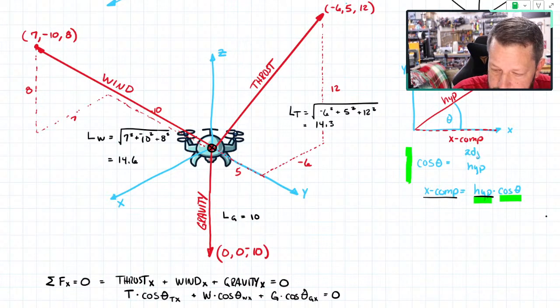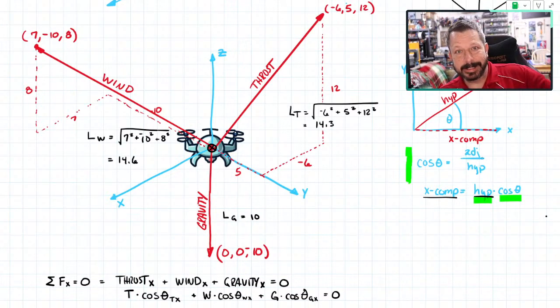Adjacent over the hypotenuse, and the hypotenuse in this case is the magnitude, which I have. I wrote it as a length because we were calculating it as a length from the origin out to the end point of the wind or the thrust or the gravity.